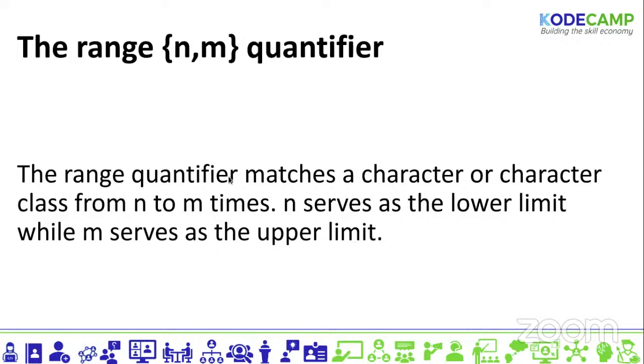So if you said a range where n is 2 and m is 5, and we are using digits, the digit has to be at least 2, but it doesn't have to be more than 5. That's what it means here.